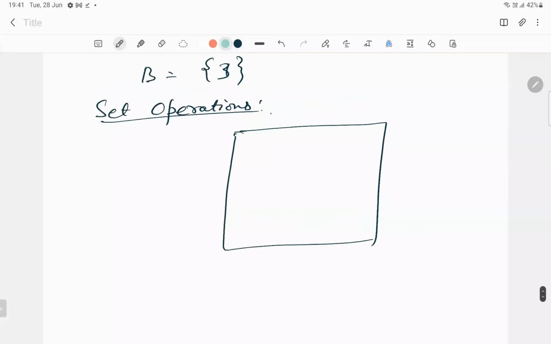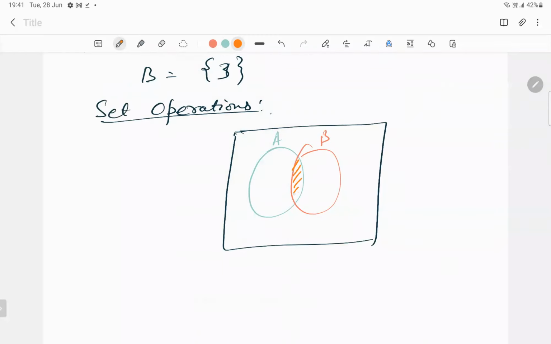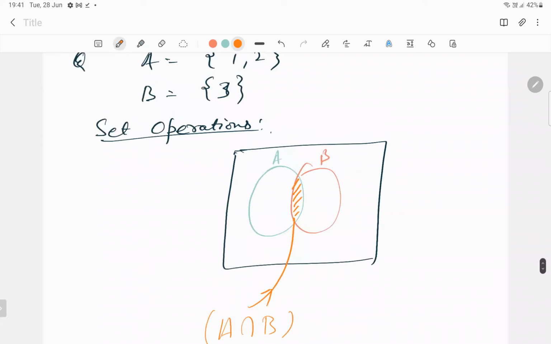It doesn't matter. Suppose this is all the elements of set A and all the elements of set B. Now you have some common part there. This is called the intersection. This part is A intersection B. Now if I write A union B, what will be A union B? Yes, correct.